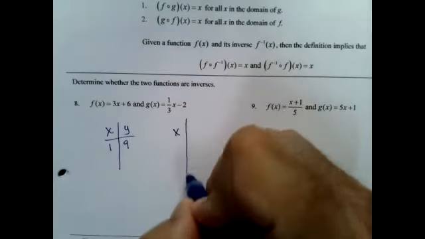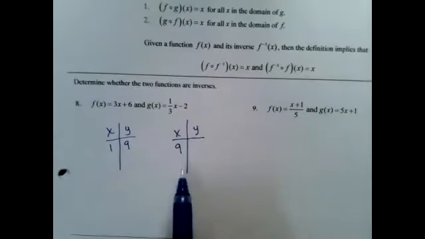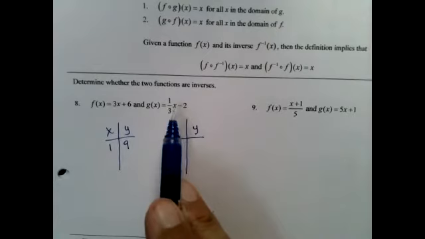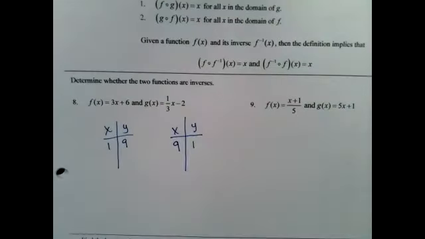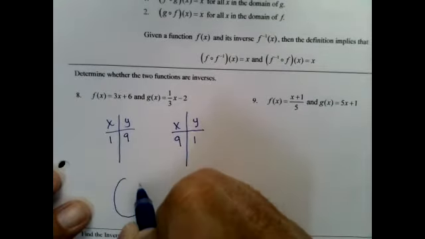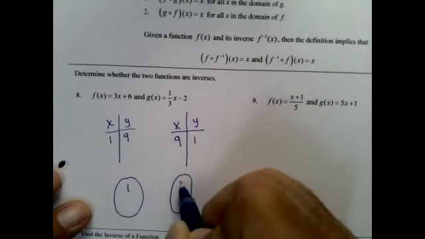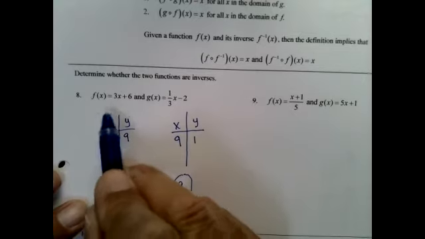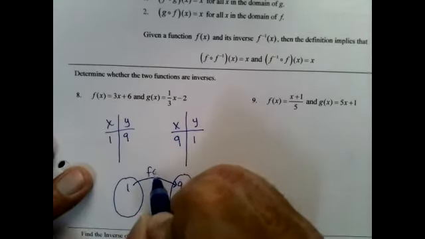If it's an inverse, that means if I pick 9 and plug it in, pow, I get 1. Once again, I'm going to have a group of domain values here, 1, and over here is range values, and there's 9. And when I say f of x, it takes me over there.